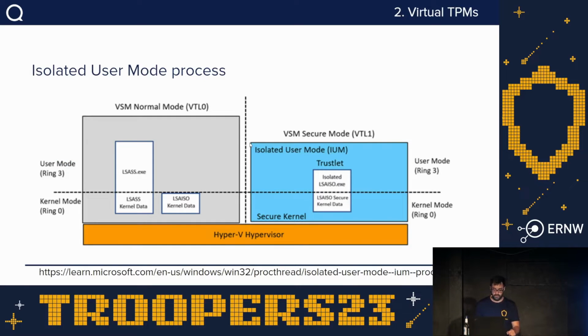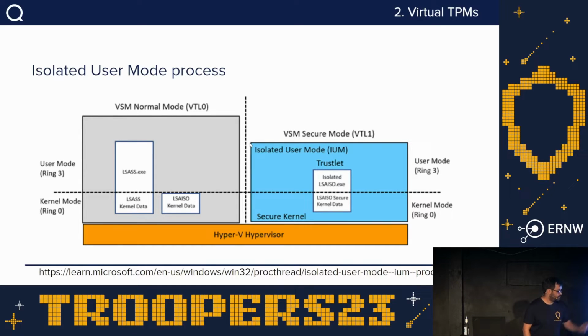I took this picture from an article by Microsoft describing how the different virtual trust levels work to have an isolated LSASS, which is a pretty well-known process. On the left we have the normal world where we have ring 0 and ring 3.